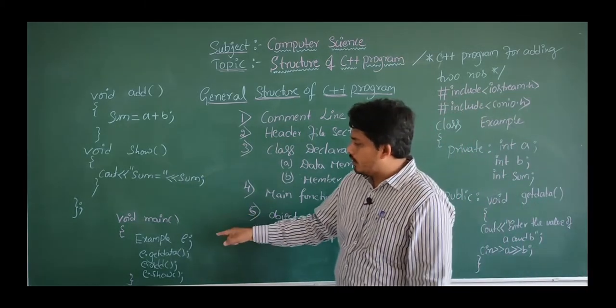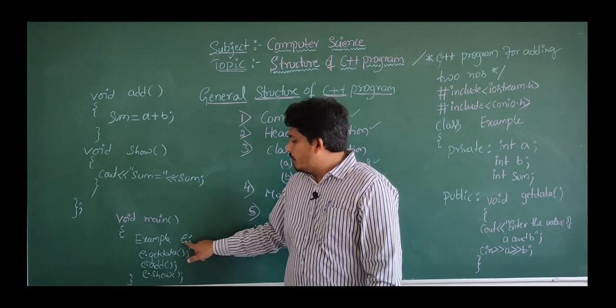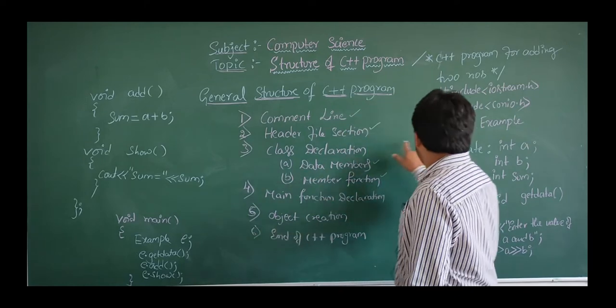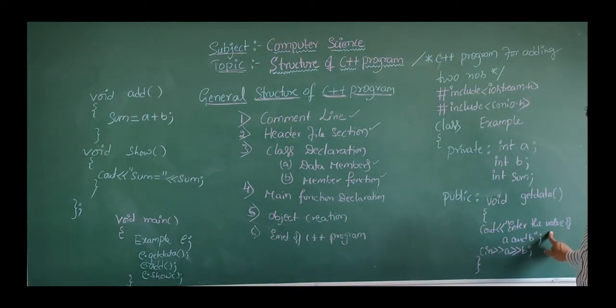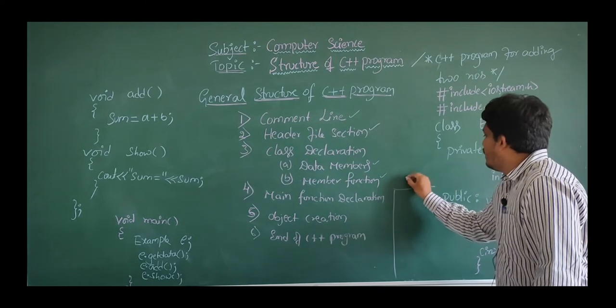At last, in the main function I have created the object Example space E. By using this object, we are calling the getData member function, which calls your getData function. Here it asks the user to enter the values of A and B. So for example, I am drawing the output screen here.